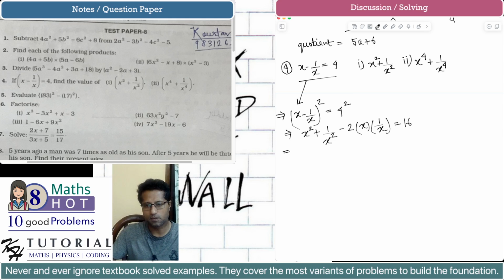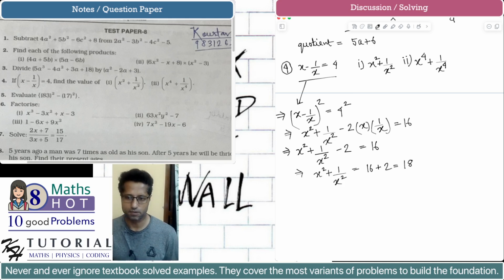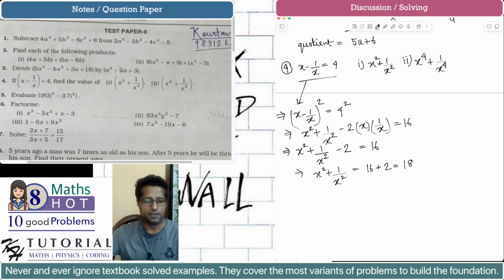Now this implies x square plus 1 by x square minus 2, because x and 1 by x cancel out, is equal to 16. So this implies x square plus 1 by x square is equal to 16 plus 2, that is 18. So the first part is done, that is x square plus 1 by x square is 18.